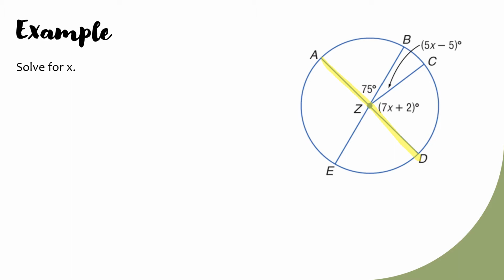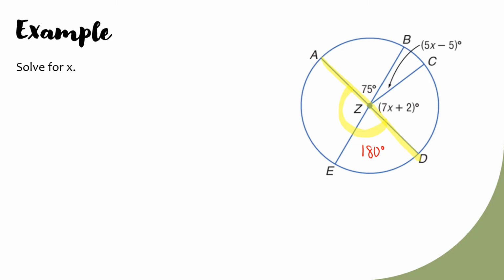AZ is going to be a diameter, a chord that goes through the center of our circle. So using that fact, I can actually say that this whole angle, made up of those two, by itself is going to be 180 degrees. So I do actually know enough information here to solve for x given the other three measures.